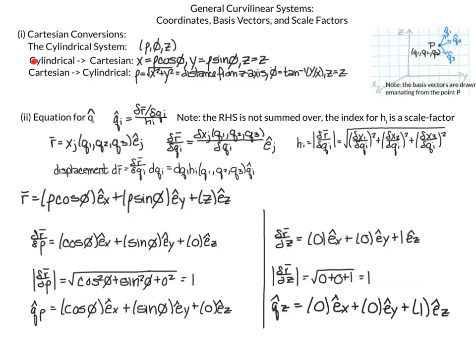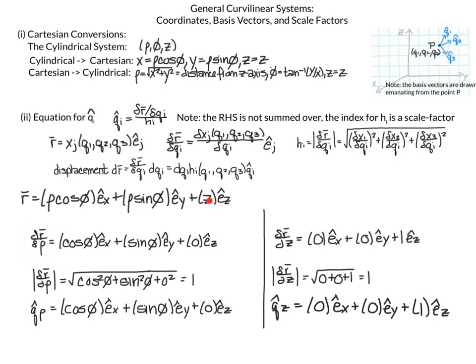Here are the coordinates for the cylindrical system, so I'm going to do the same thing. I'm going to calculate the unit basis vector for rho, phi, and z. So here I have my position vector, that's my x, my rho cosine phi in the x direction, my rho sine phi in the y direction, and my z in the z direction. And I calculate next my dr dqi. So dr, and in this case, first I'm going to start with rho.